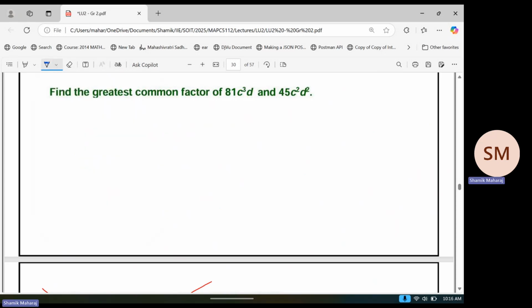Let's do that. So I'll write this as 81 C cubed D. 81 can be broken up into, what can we break it up into? 9 and 9. 9 times 9.